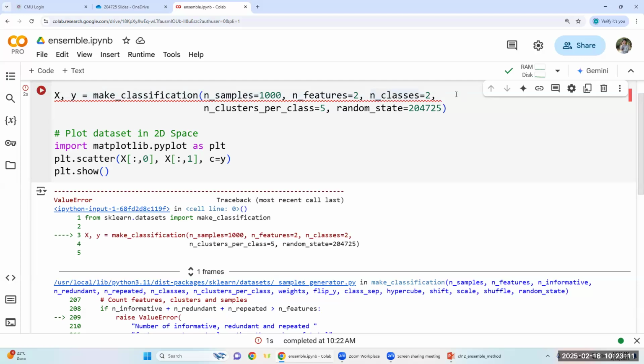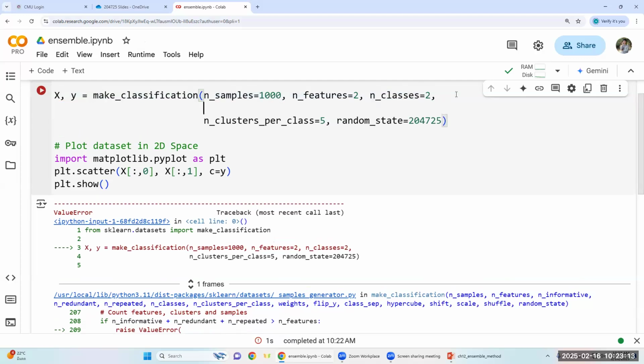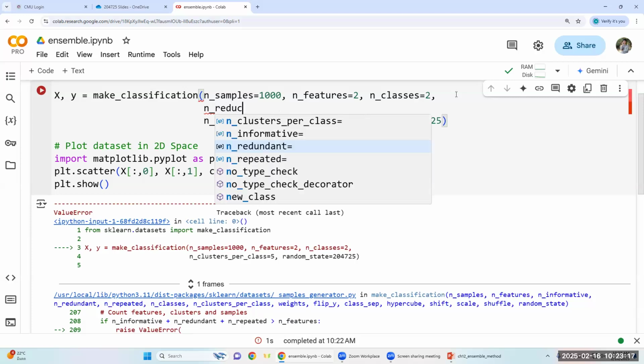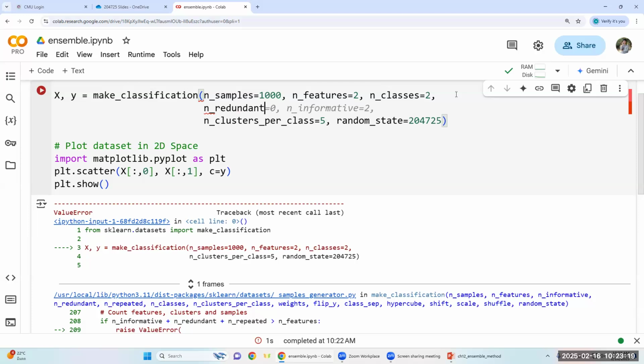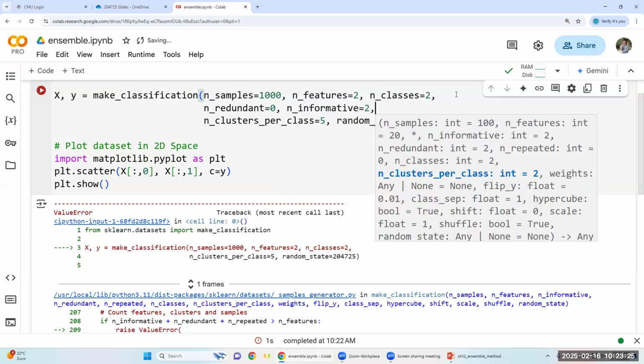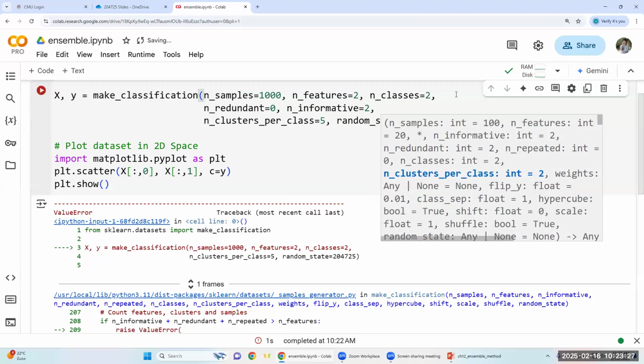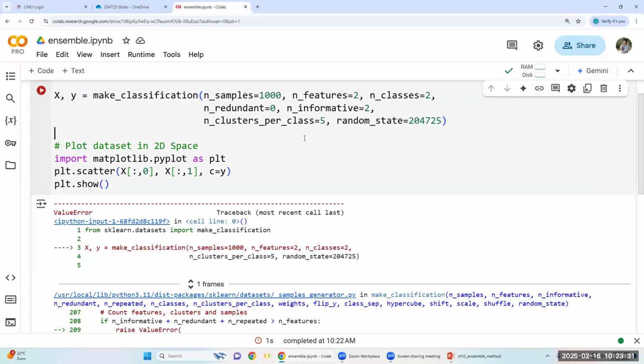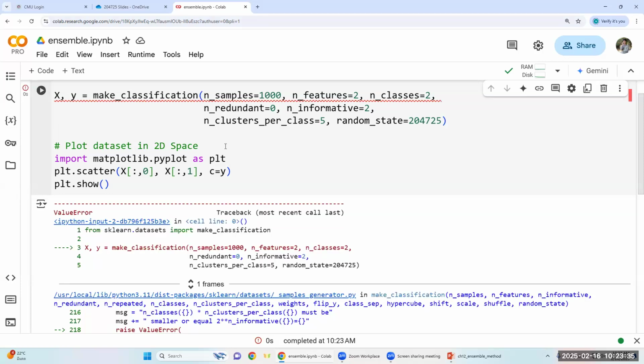So we have to add more parameters, right? We need to have redundant. Let's say we set it to 0. It means that we don't have redundant features, and then we have informative to be 2. I think the repeated already defaults to 0. So that is the only thing that we have to add, right?